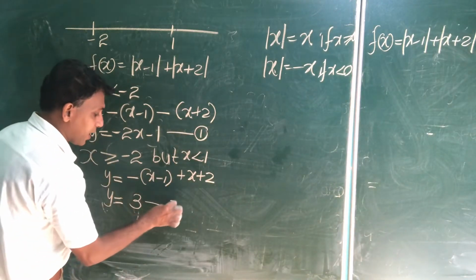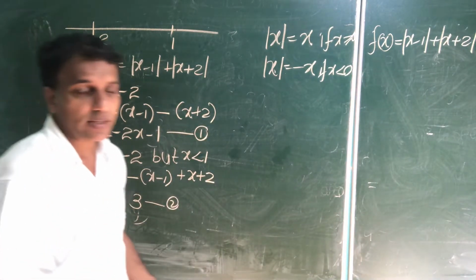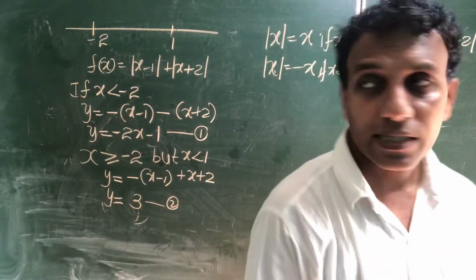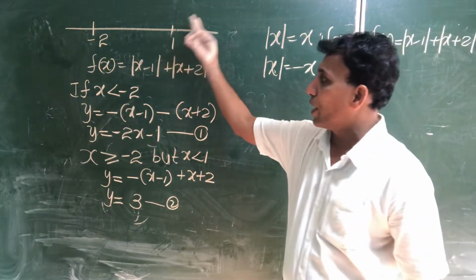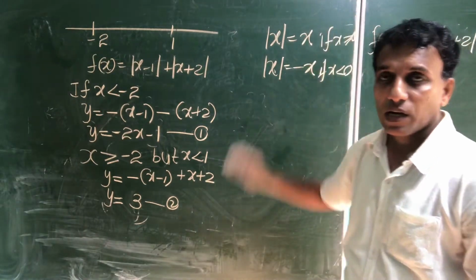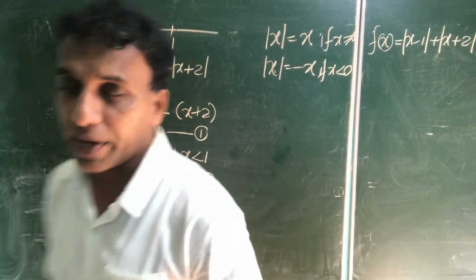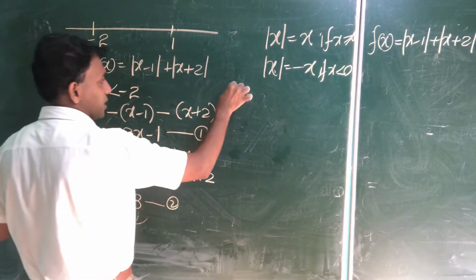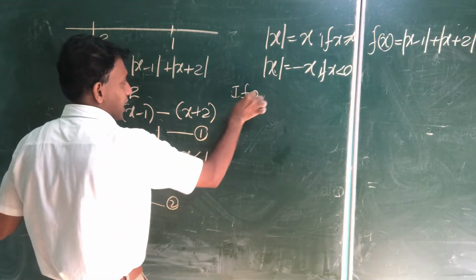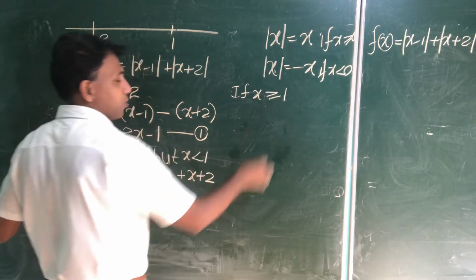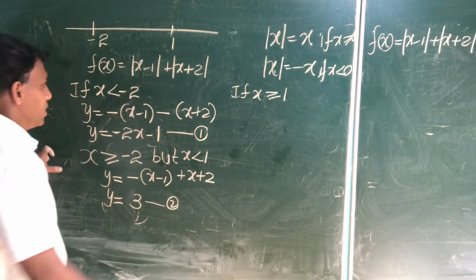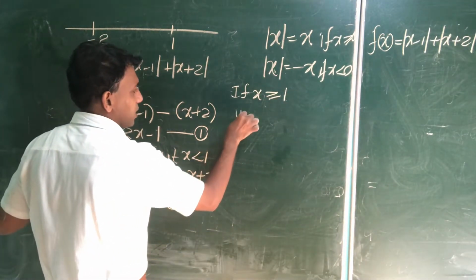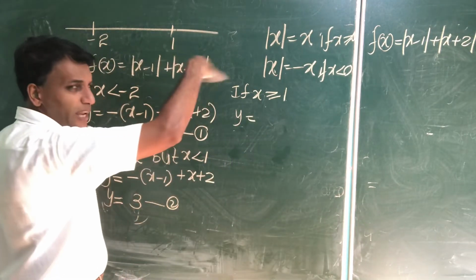This is another part of the graph. See the last part: x greater than or equal to 1, that means up to infinity. See what the part of the graph is. Next one, if x is greater than or equal to 1, how is that possible? y equal, more than 1.